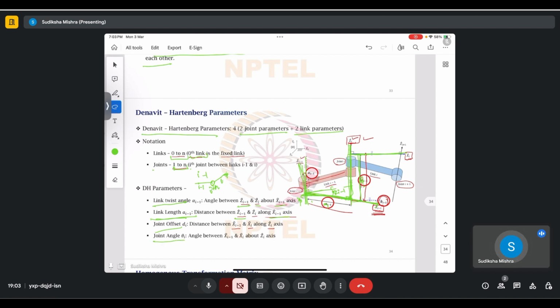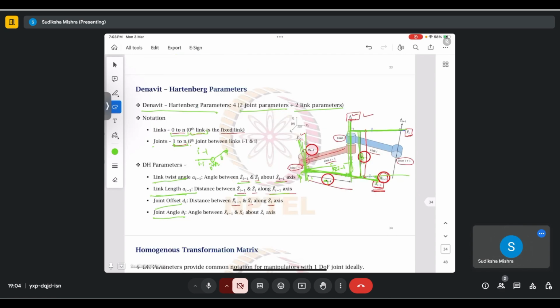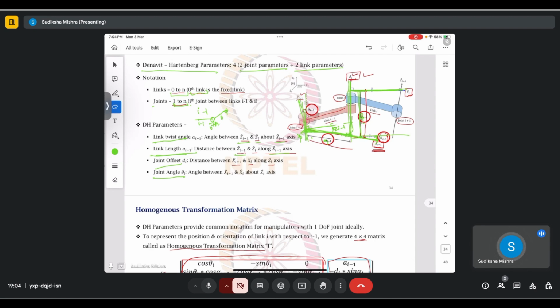The next parameter is joint angle, or theta i, which is the angle between xi minus 1 and xi about the zi axis. So if you were to transfer this here, this angle becomes your joint angle. So accordingly you can determine the DH parameters for two simultaneous joints and the links.